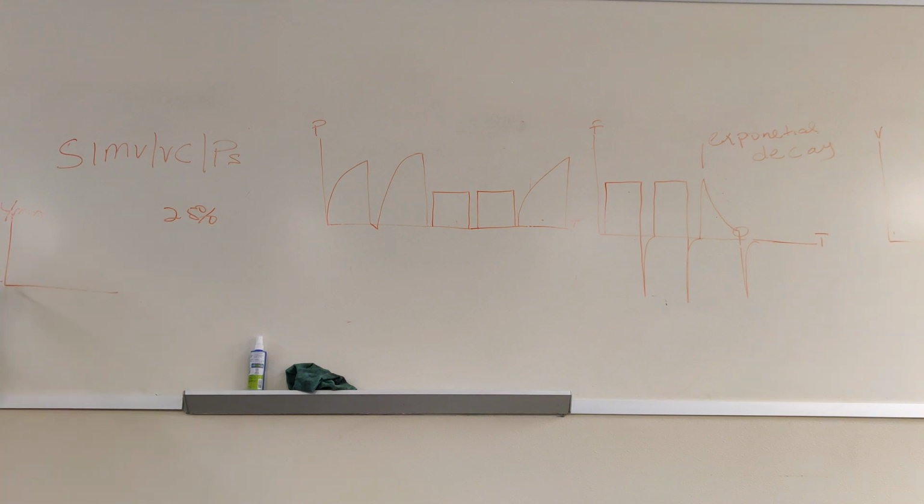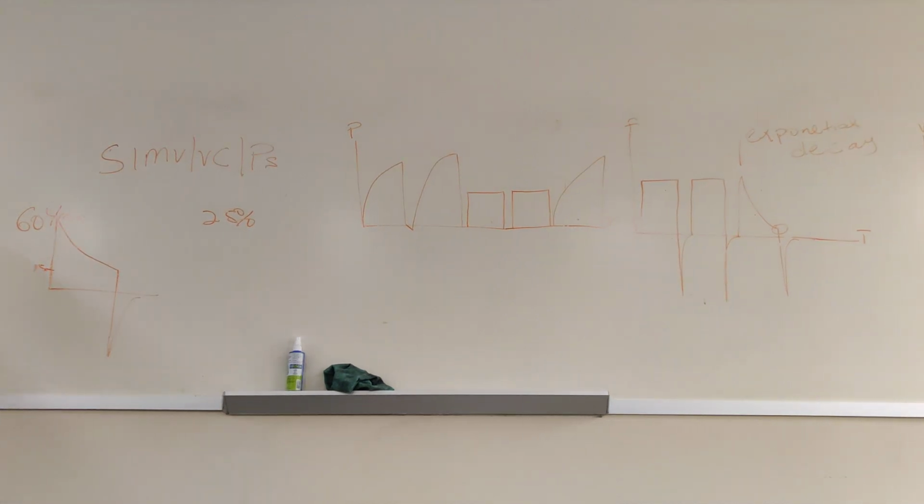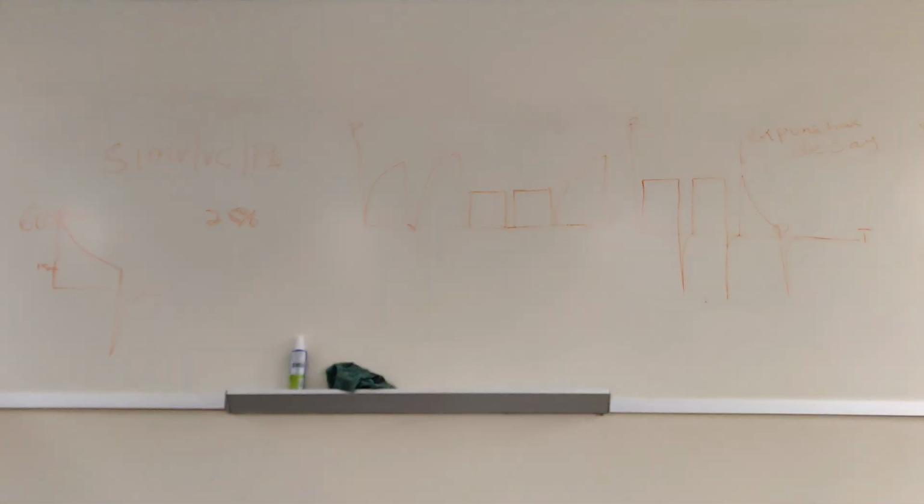So what's going to happen is the patient goes here, and then the flow will begin to drop. And then what's 25% of 60? That's about 15. Let's say 15 is about right here. It drops down here, and then the patient exhales out. Okay?